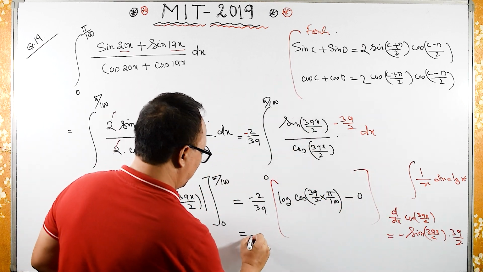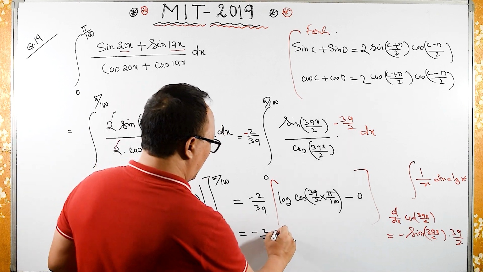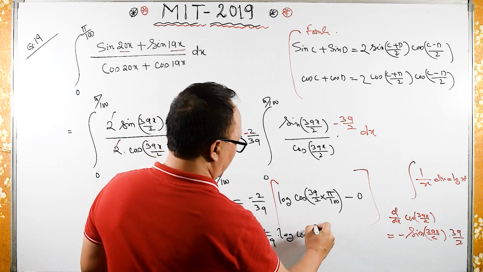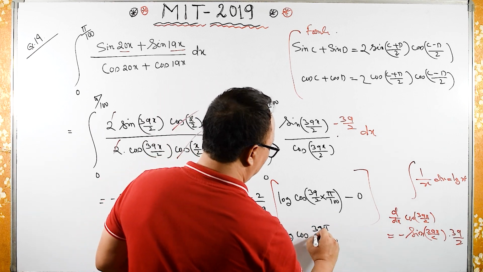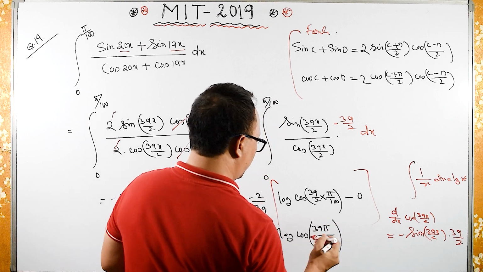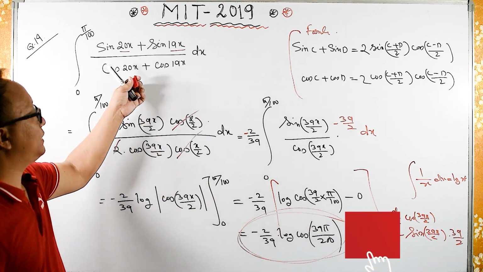So this equals minus 2 upon 39 and then log of cos of 39 pi upon 200. So this is the answer for this integral.